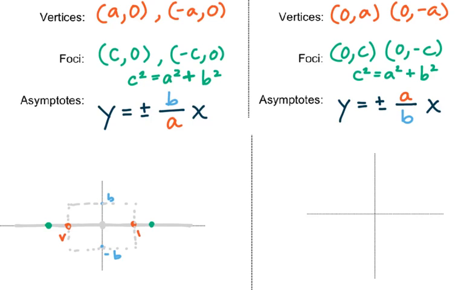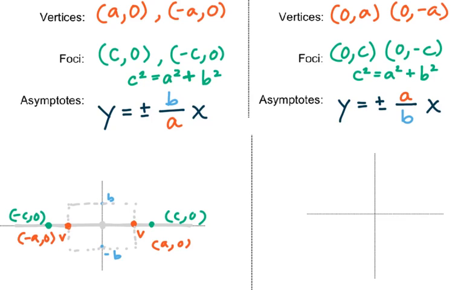Those are my vertices, and the B values are also not points on the graph. The only points that we've plotted are our two foci, which are C, 0 and negative C, 0, as well as those two vertices, which are A, 0 and negative A, 0.